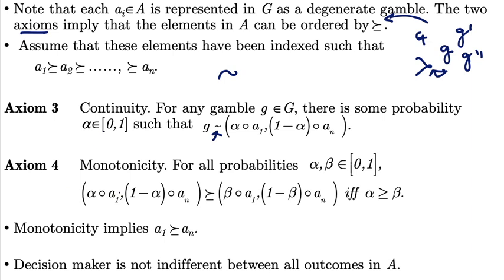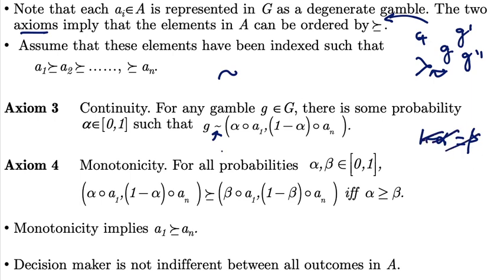Axiom 4, monotonicity. If we have all probabilities alpha between 0 and 1, let's call 1 minus alpha beta for simplicity, and let's say we don't have any other probability.